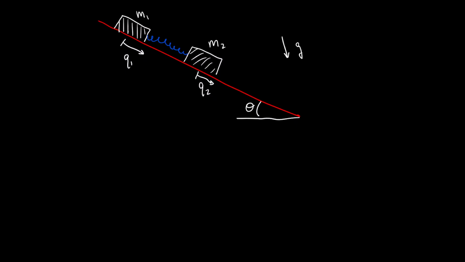It's also nice because since the masses are restricted to a slope, this is a one-dimensional problem. So, just counting degrees of freedom, this should be all we need, since we have two masses in one dimension, so we need two degrees of freedom.